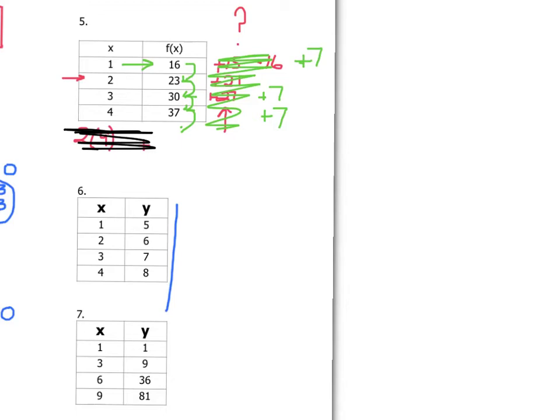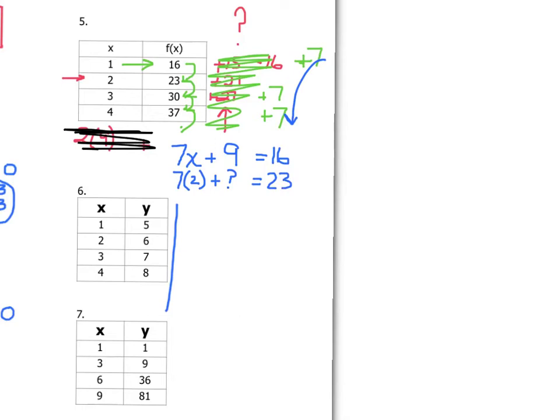So we're going to go ahead and take that 7 and we're going to multiply it by our x because that pattern is vertical. So we're going to use the multiplication. So 7 times 1, and we need to get it to 16. So 7 times 1 would give you 7, and then to get to the 16, you would add 9. So let's see, 7 times the 2 plus something to get to the 23.